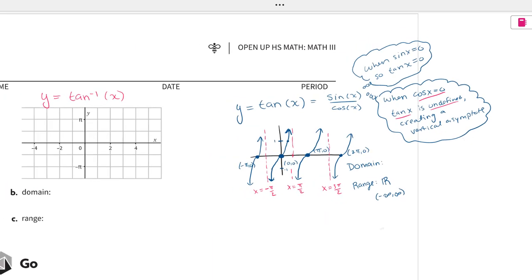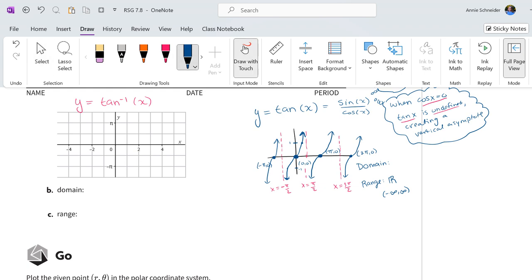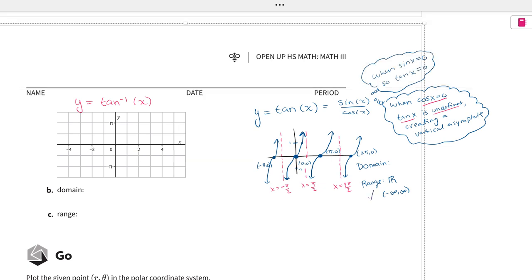Remember, the range of this function is the domain of the inverse. So we can put our domain as negative infinity to infinity. There are a few different ways we could have found that domain, but there we go.